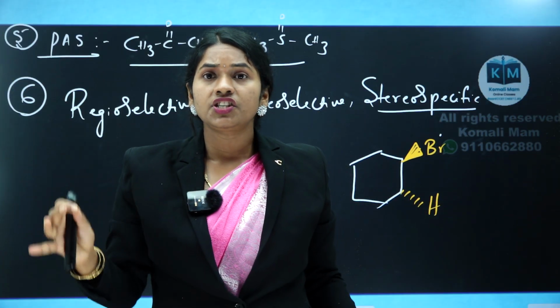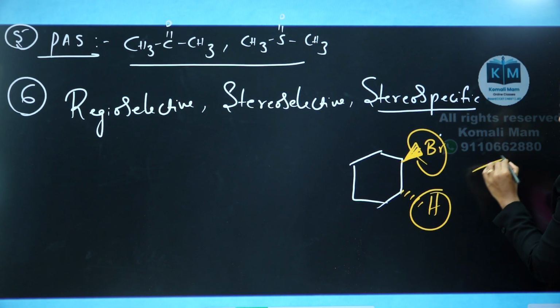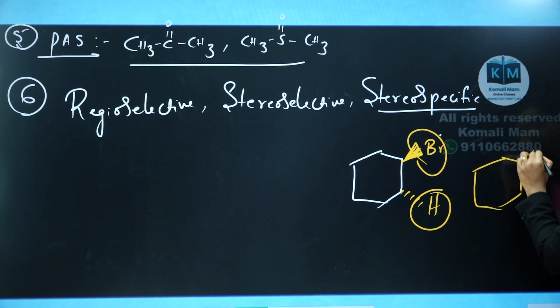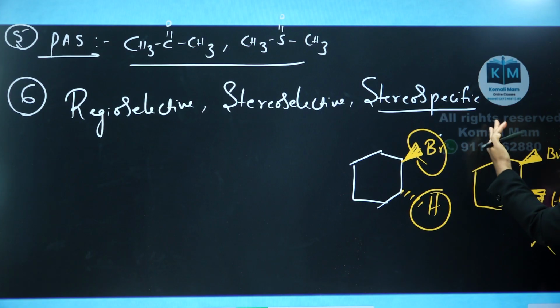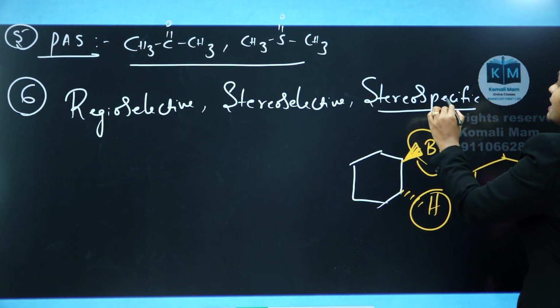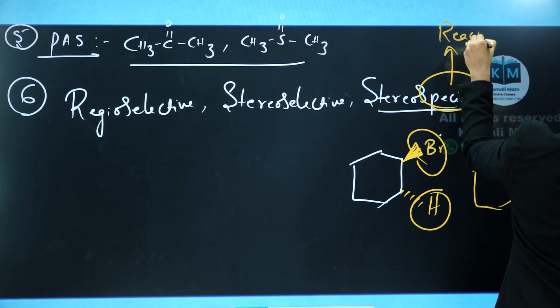Okay, crystal clear. So in this case, for example, another question is given to you. Halogen is also towards you, hydrogen is also towards you. Then in this case, there is no reaction. So we can say specific means with respect to the reactant.